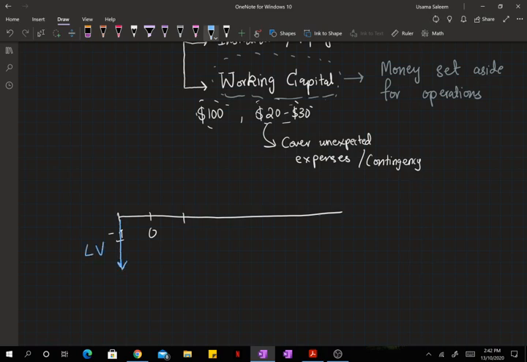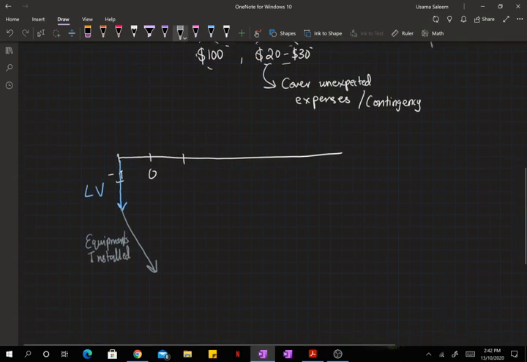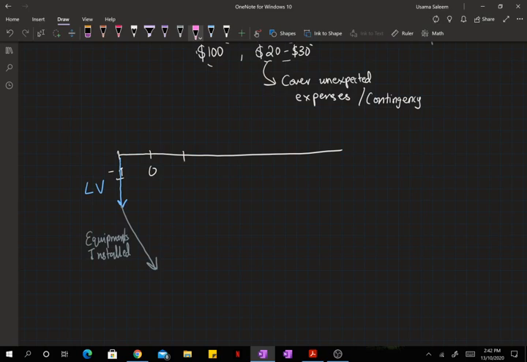Land value is our first big investment, and then the next year we have all the equipment installed and delivered. All right, and then finally we have working capital. We've set it aside so that we can start operation.